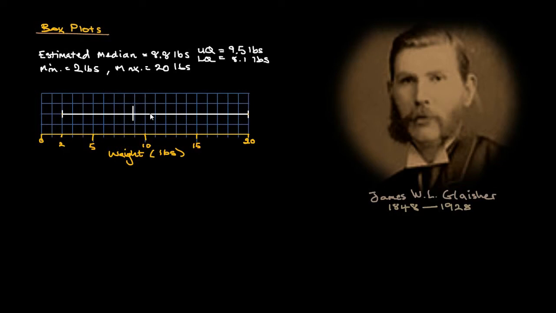We know that halfway, the median, is at this point here, and we know that the lower boundary for what we call the second quartile is at 8.1. So if we look at 8.1, that's going to be here. So this is the extreme of the lower boundary of the second quartile, and the upper boundary of the third quartile is going to be 9.5, so that's going to be here.